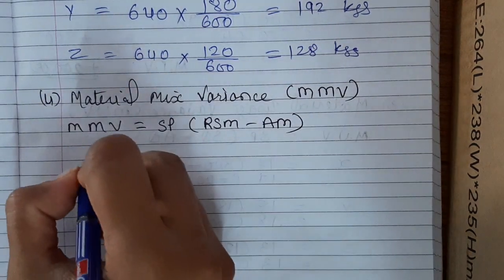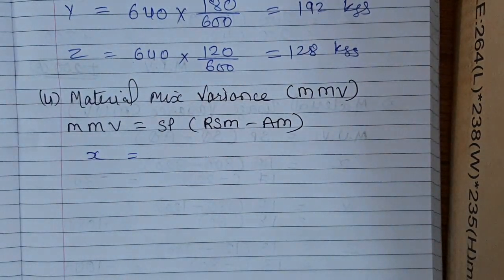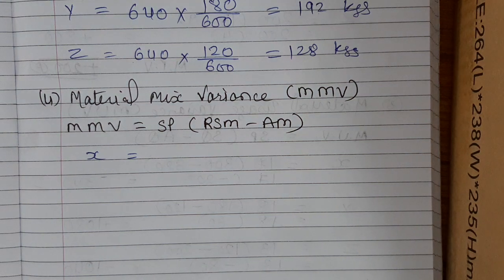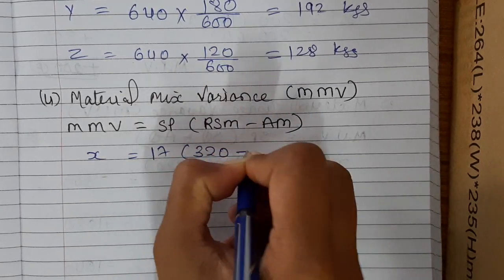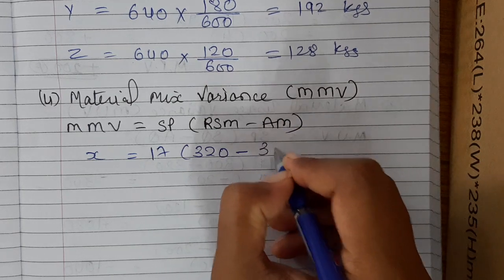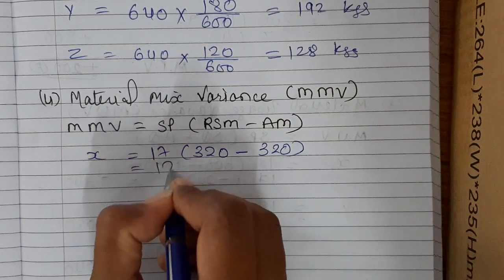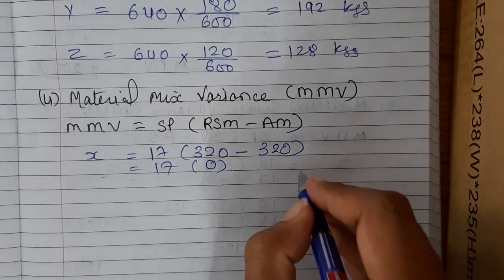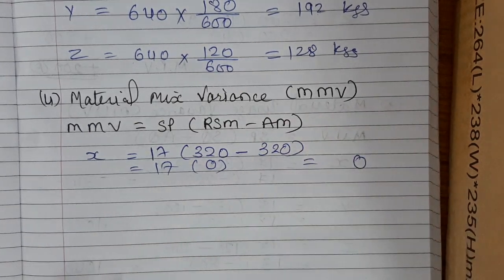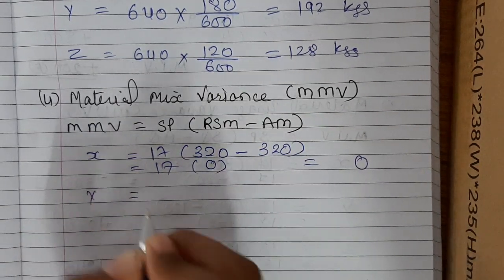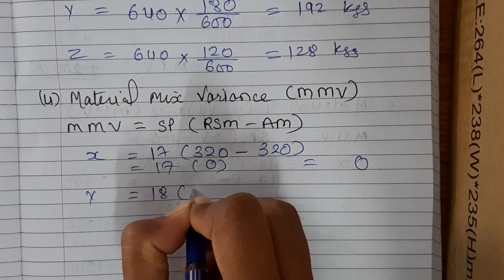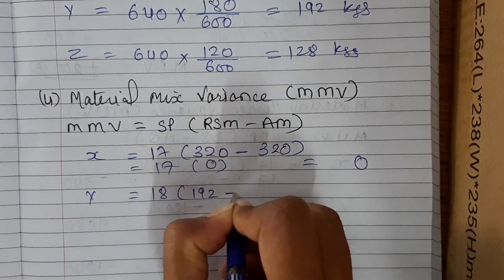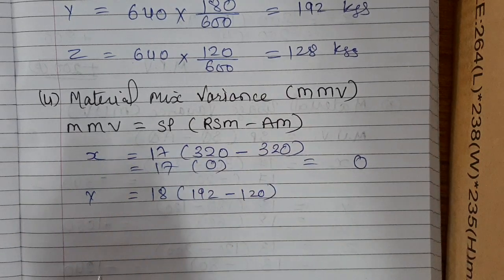Okay, so for X, the standard price is 17, revised standard mix 320 and actual mix is also 320. So 17 into bracket 0, so the answer of X will be 0. For Y, standard price is 18, revised standard mix is 192 and actual mix is 120.